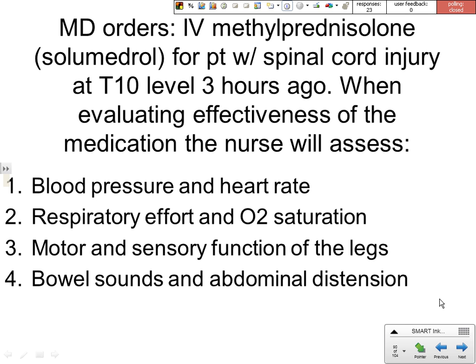So the Solu-Medrol is not going to affect the blood pressure, the heart rate, the respiratory effort, or the O2 sat. So prioritizing based on ABCs, gotcha on that one. Evaluating effectiveness of the medication, very important phrase on an NCLEX question.